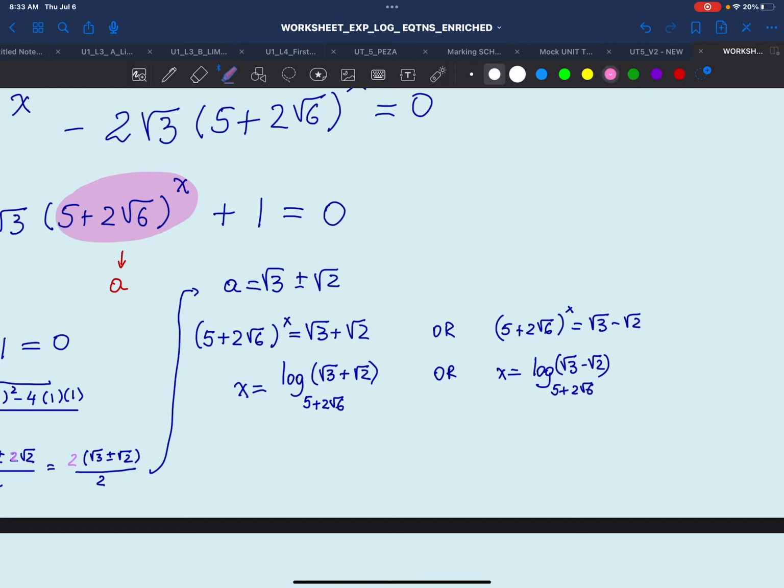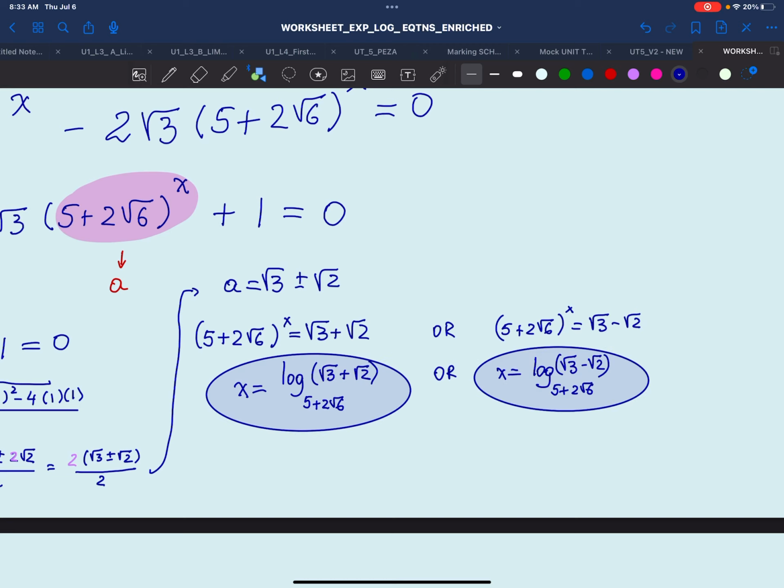And the next thing that we want to do is try to simplify to the best possible. One way of doing this is by simply writing it with the change of base formula.